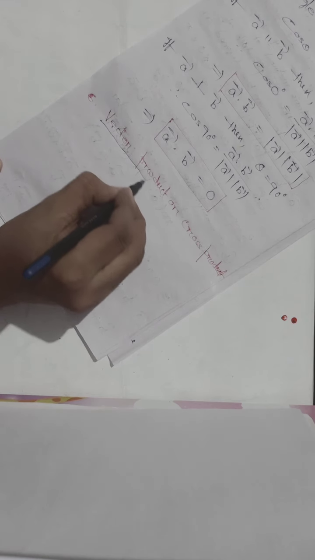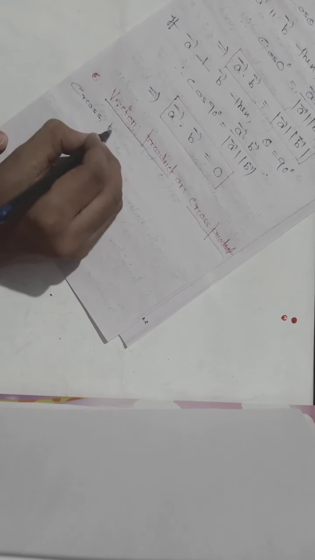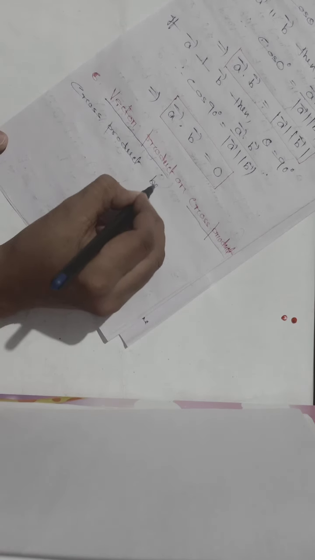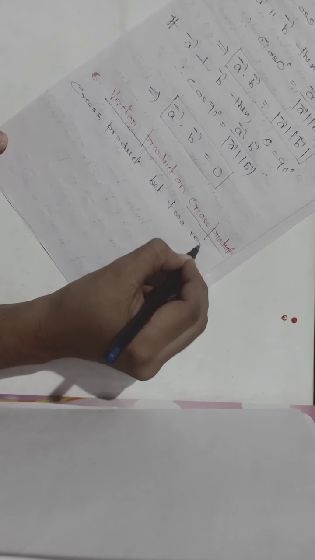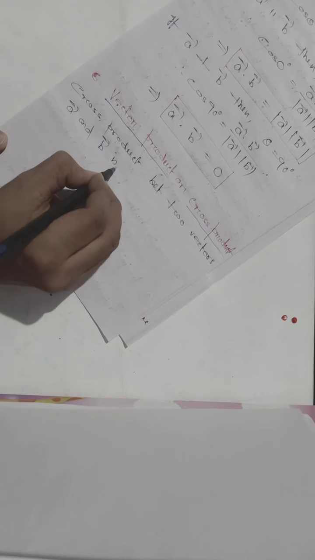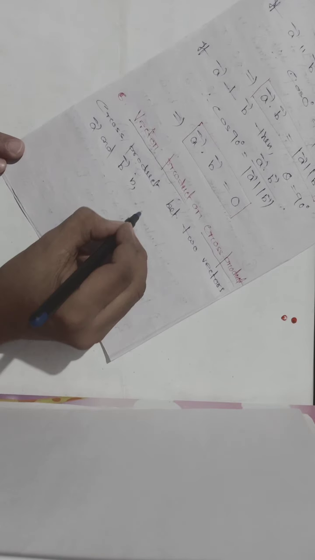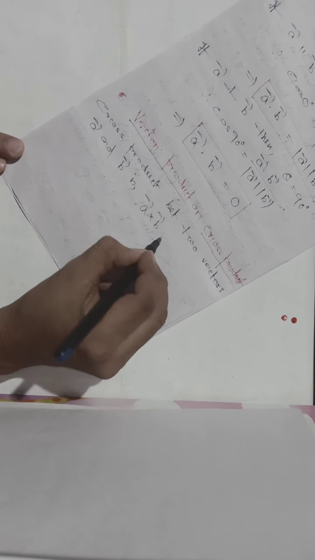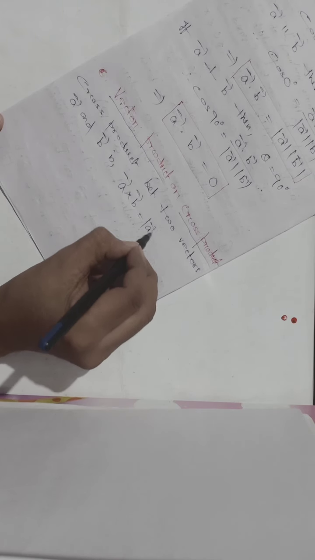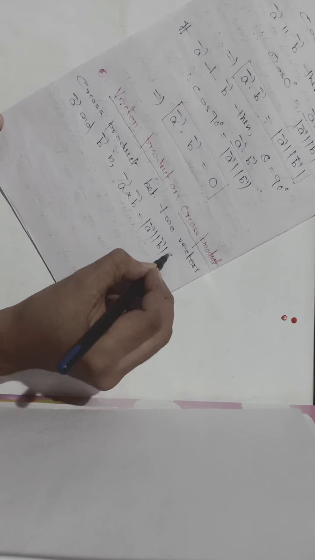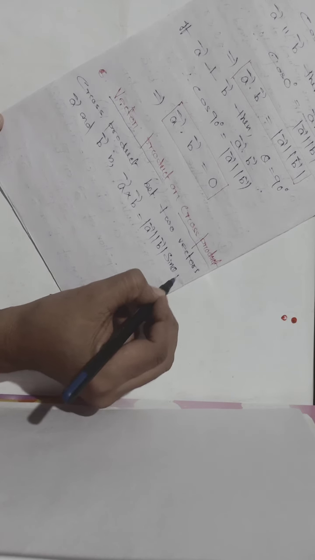So students, the cross product between two vectors A and B is A cross B equal to mod A mod B sin theta into n cap.